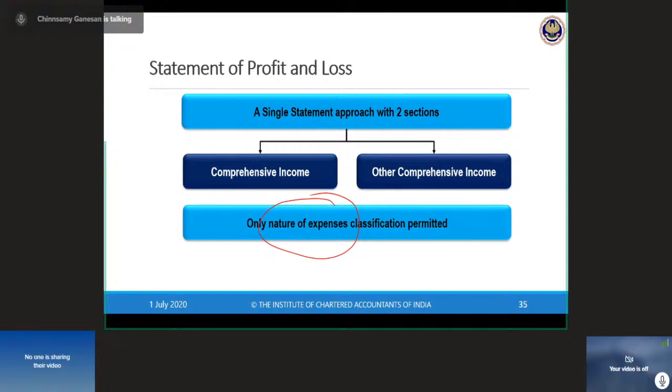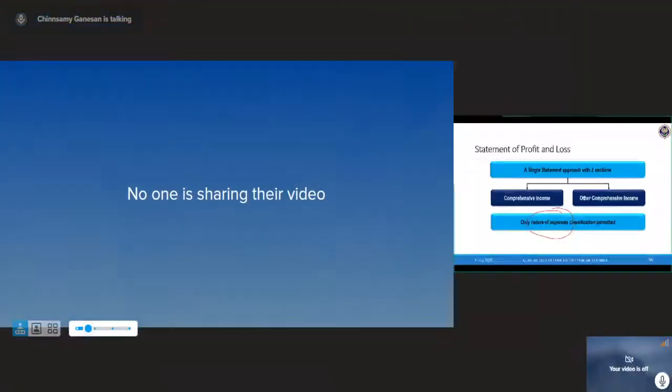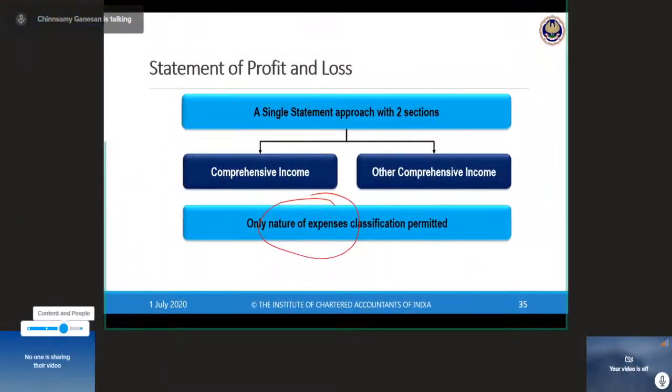IFRS actually allows you, as per IAS 1, whether you can show the expenses in the profit and loss account based on the nature. For example, depreciation is a nature, finance cost is a nature, employee cost is a nature, cost of material consumed is a nature. So instead of showing that, you can also show on a functional basis.